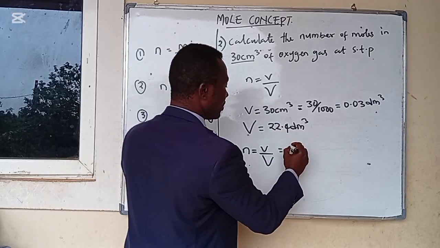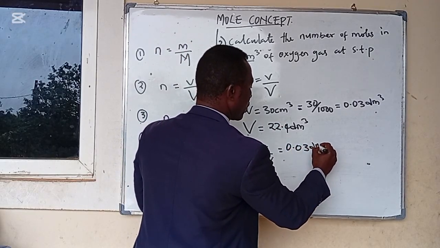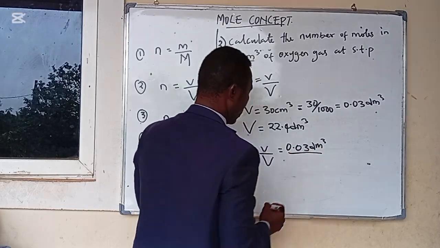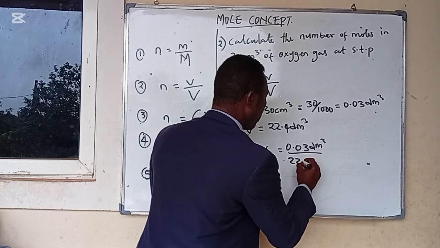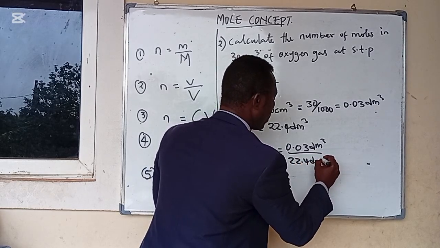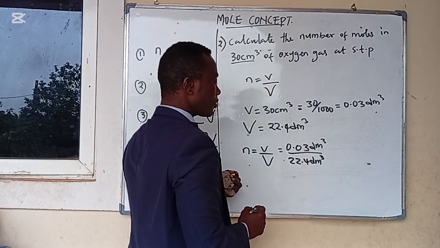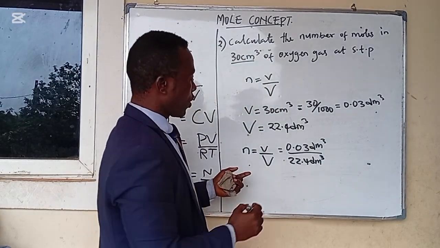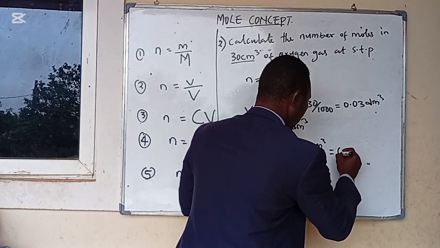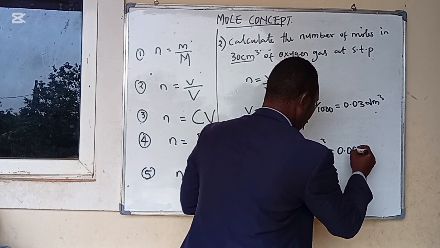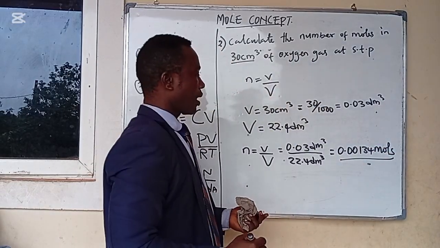The given volume is 0.03 dm cube, then the molar volume of gases is 22.4 dm cube per mole. When we divide this, we obtain the number of moles to be 0.00134 moles.